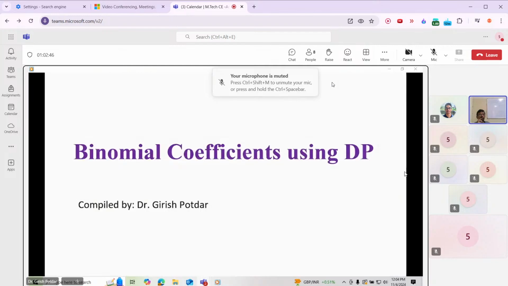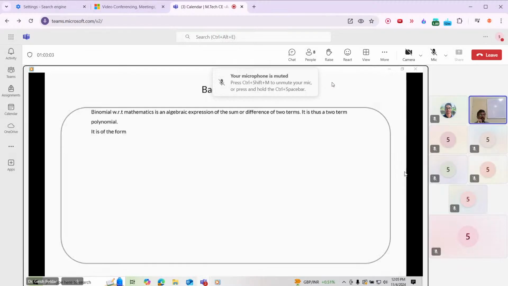Okay, so here we are. Basically, a binomial coefficient with respect to mathematics is an algebraic expression of the sum or a difference of two terms. So it is thus a two-term polynomial, right? That's the background we will start with. It's an algebraic expression with two terms, either a sum or a difference, and hence it is a two-term polynomial.